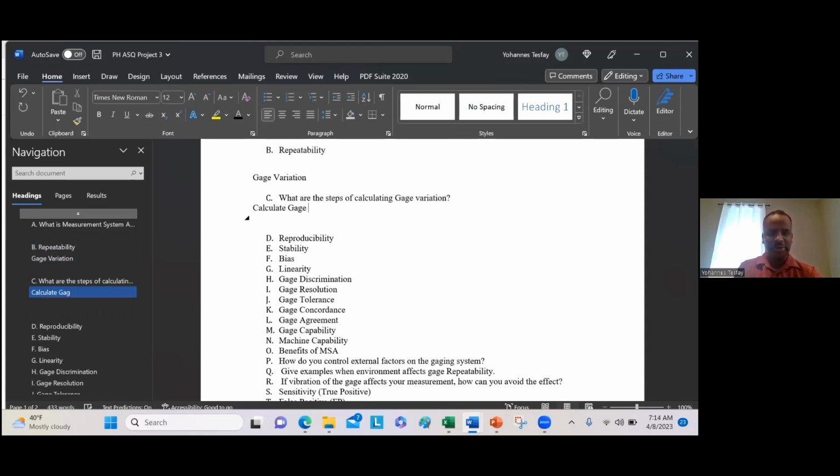gauge R and R. This is the first step: calculate gauge R and R, and what we are going to calculate is ANOVA.